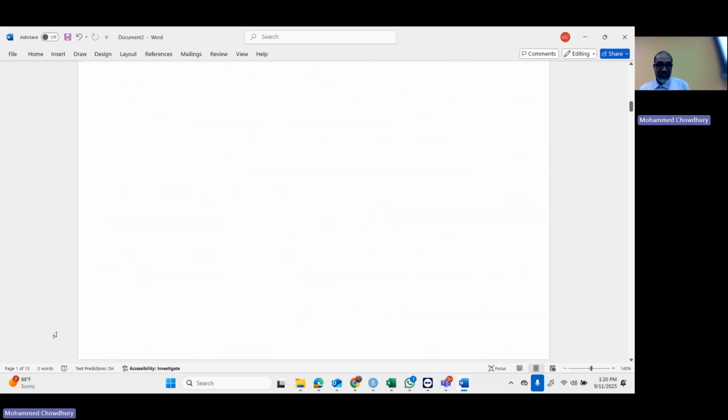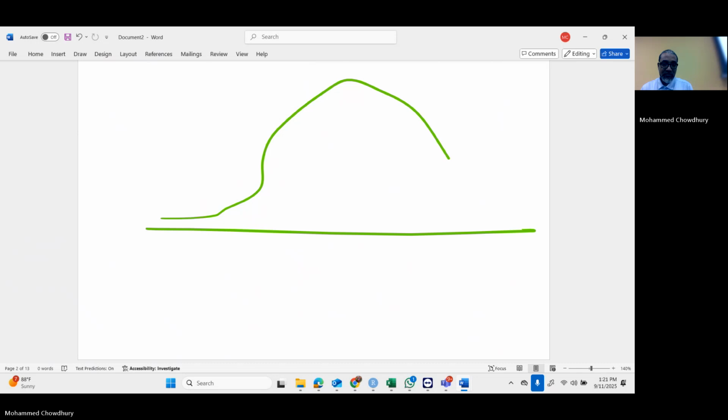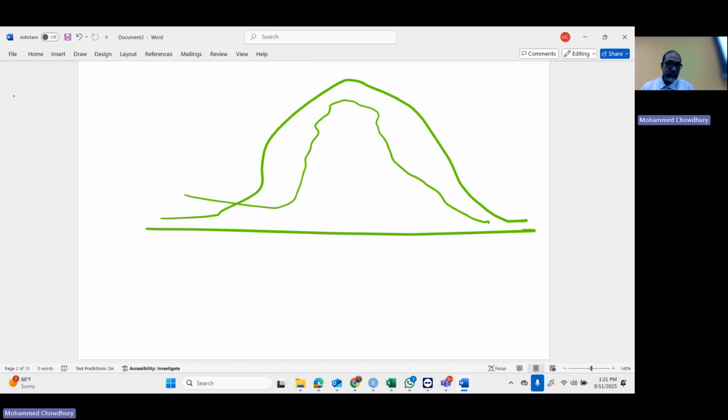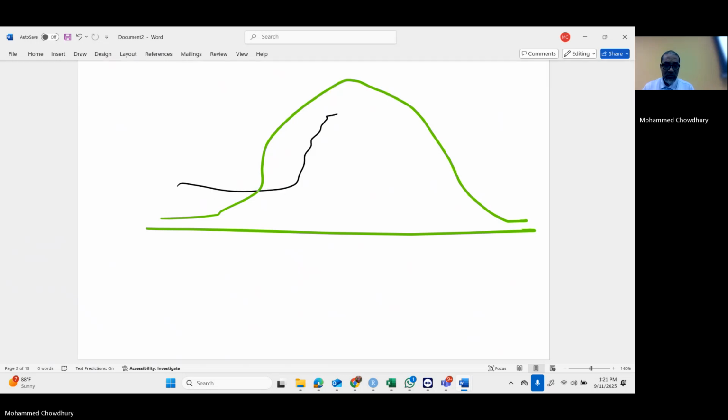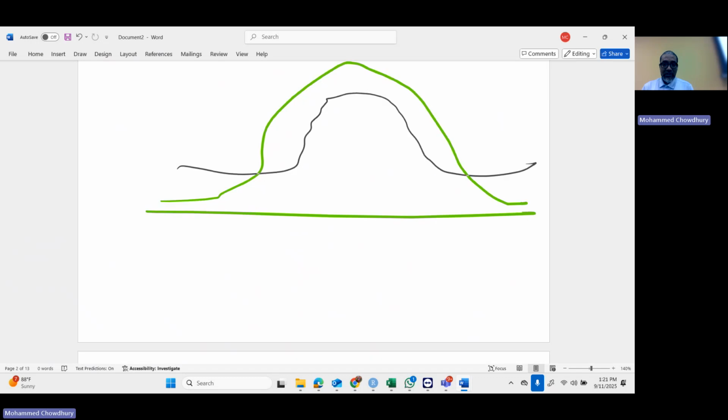This is the normal distribution. Sorry for bad writing. And this is the T distribution. Let me draw it again.